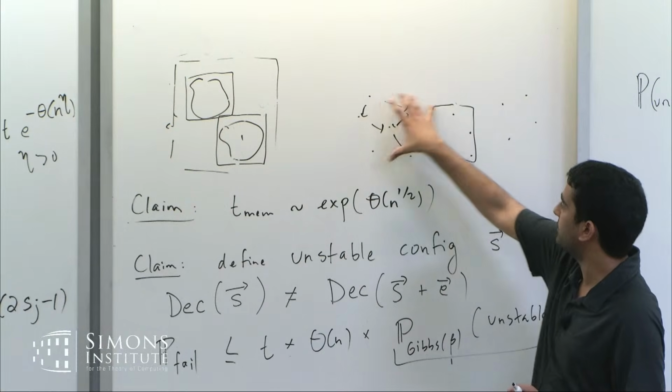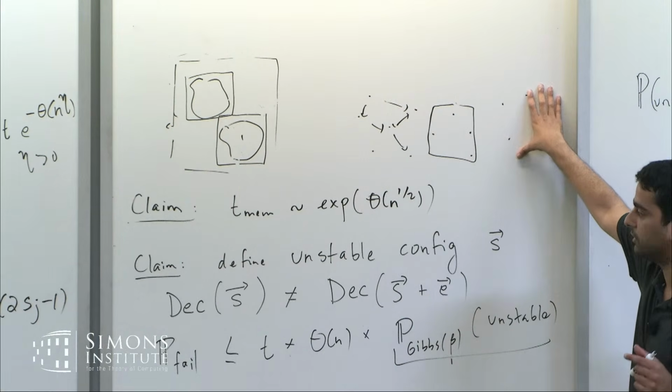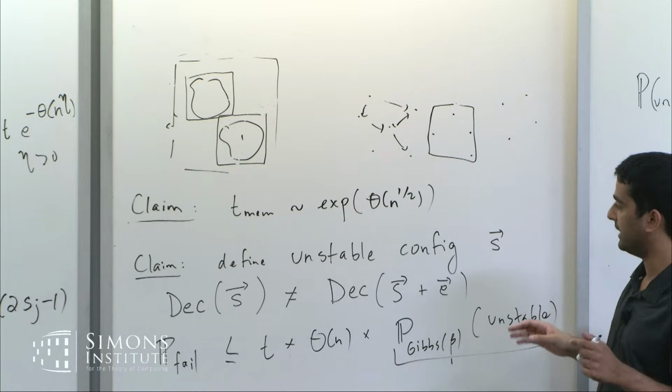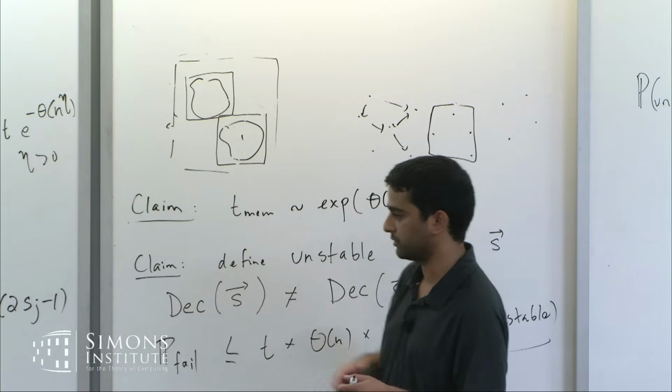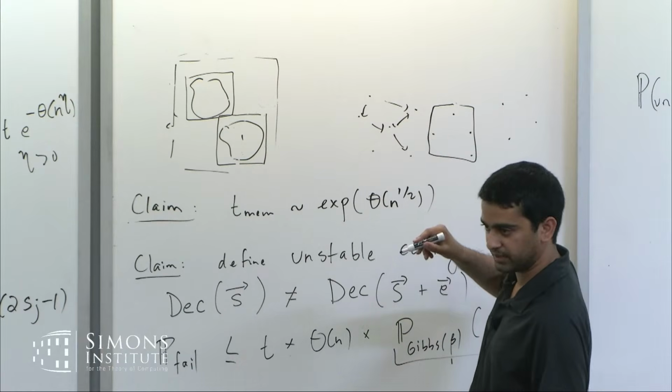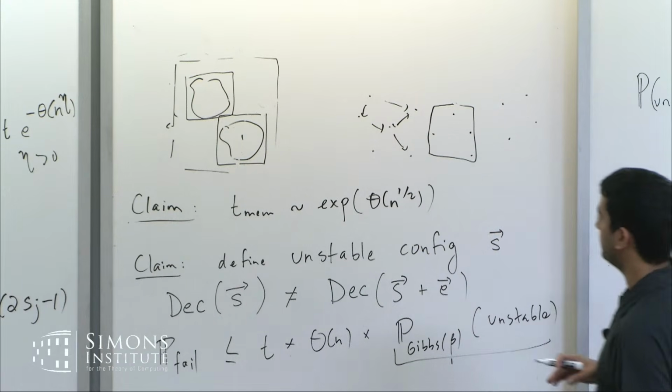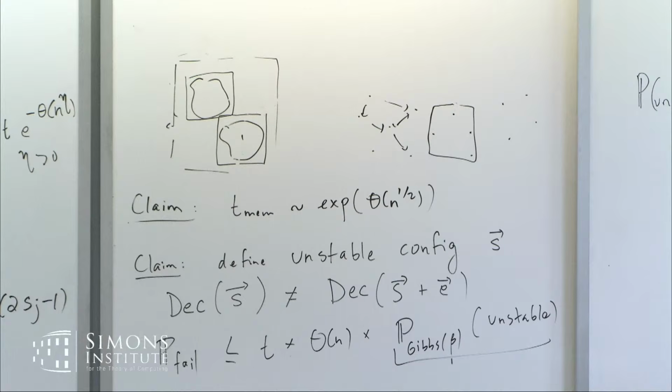So I'm trying to find a region where the total probability of flowing from this region into the complement is very small. The decoder is just an artificial thing that classifies some of the configurations. These two regions are defined by the decoder, no? Exactly. But the decoder is just a technical tool used to define these regions.